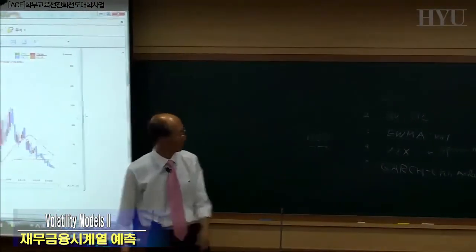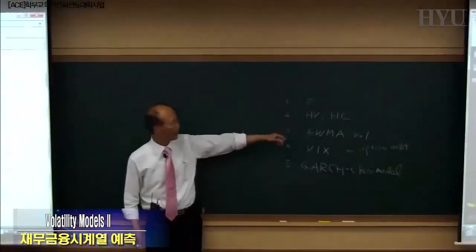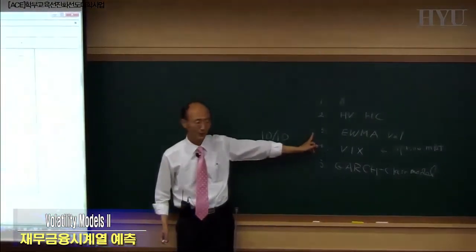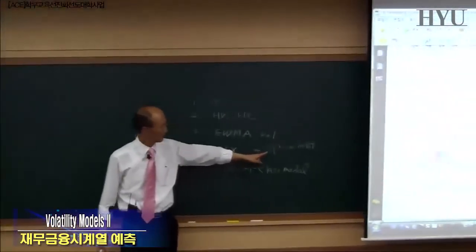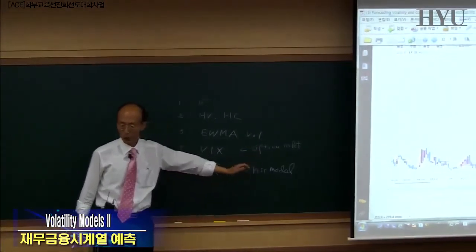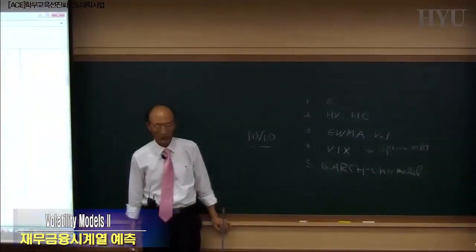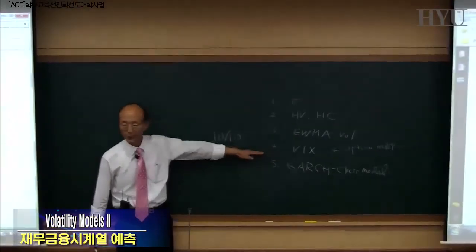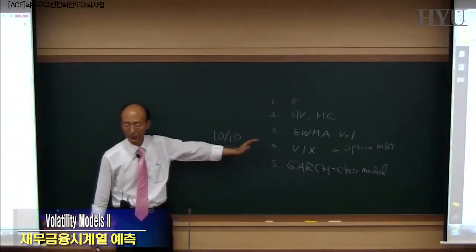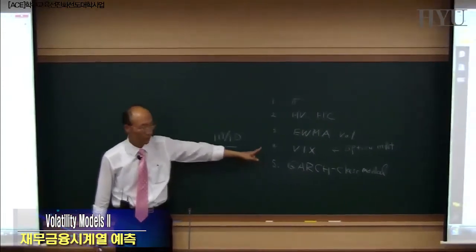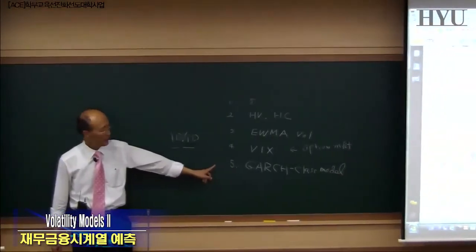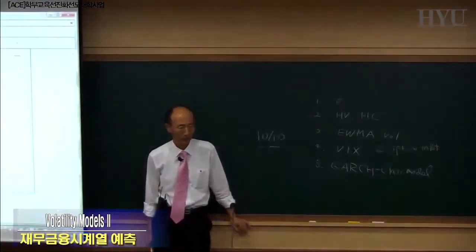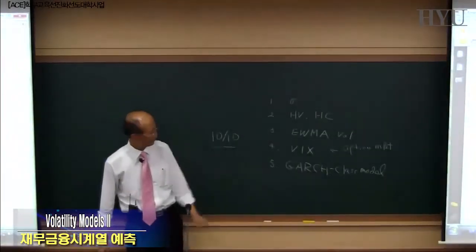If you have data, then apply the formula and you can calculate these numbers. Okay. This one is much more complicated because it's using option volatility as an input. So we don't normally calculate this one by ourselves. The exchange usually provides this figure. Okay. This one is based upon an econometric model, a time series model, to be exact. So we'll see this one today.